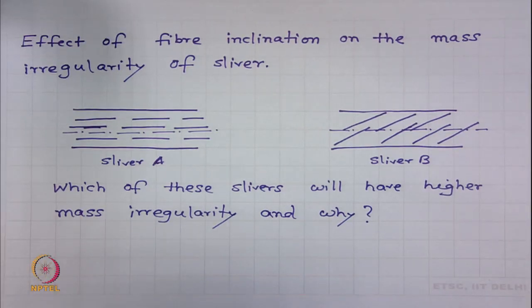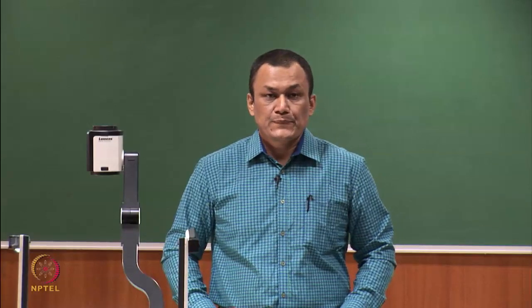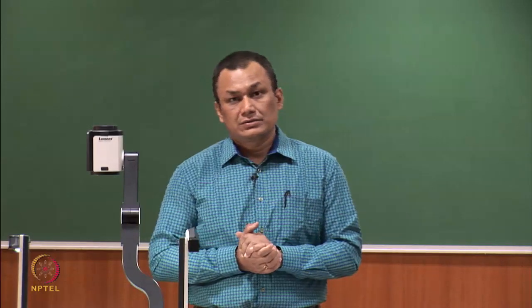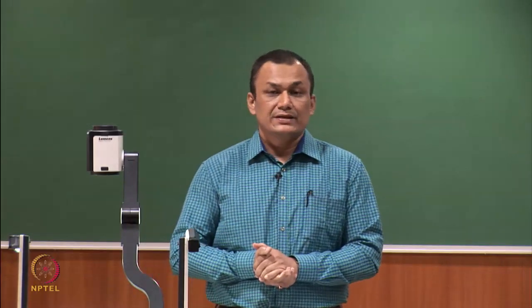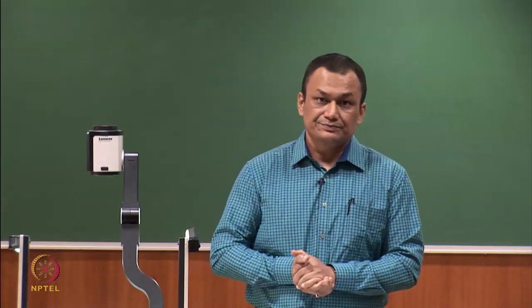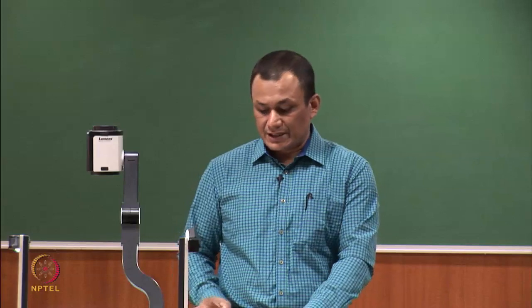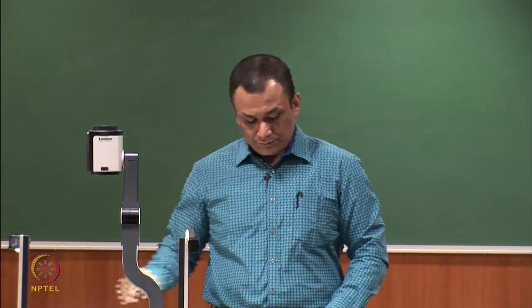So, this is our basic question. What do you think so? Sliver A will have higher mass irregularity than sliver B, or the mass irregularity of sliver B is higher than that of sliver A? So, let us solve this abstract case now.